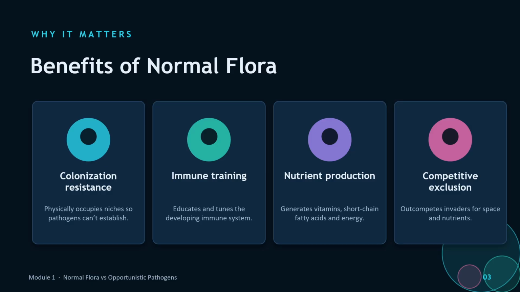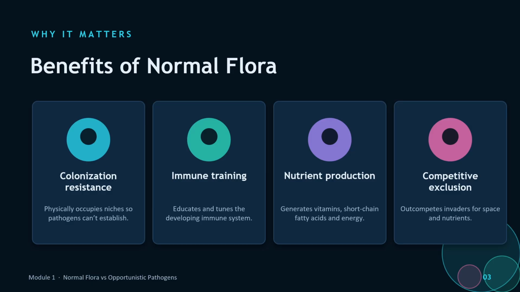Early exposure to commensals educates the immune system, calibrating tolerance and the inflammatory response so the animal neither overreacts nor underreacts later in life. Third, nutrient production. Gut flora ferment fiber into short-chain fatty acids that feed the colonic epithelium, and they synthesize vitamins such as several B vitamins and vitamin K.